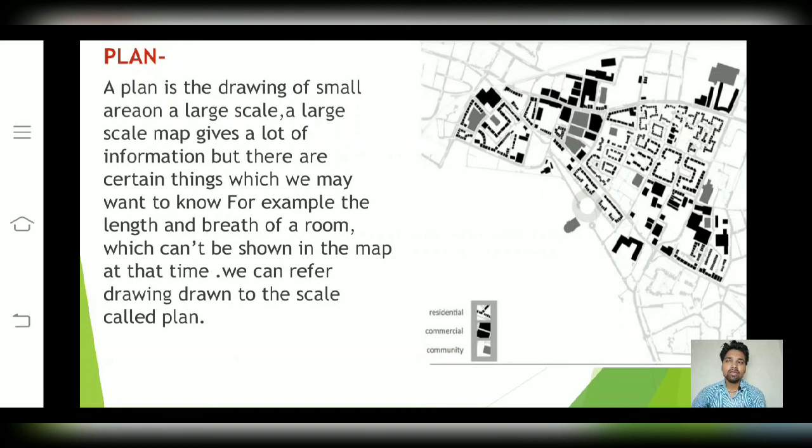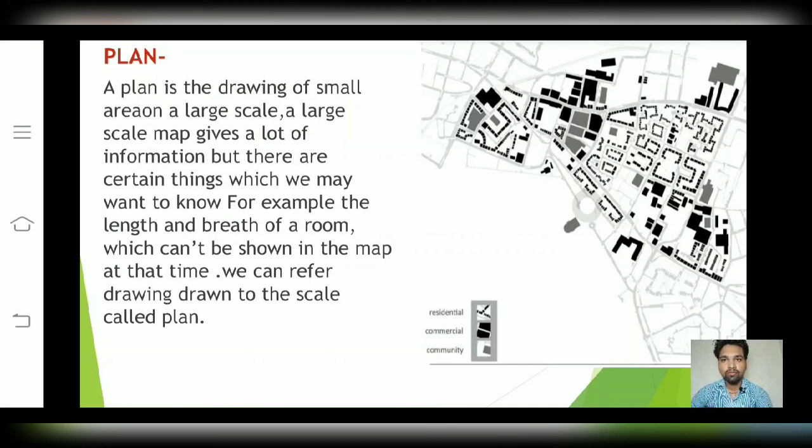So friends, here a figure is given where three types of spots are there. The first one, which is in dotted lines, represents residential. The big dotted spots represent commercial residence, and the last one, which is in light shadow black color, represents community center.